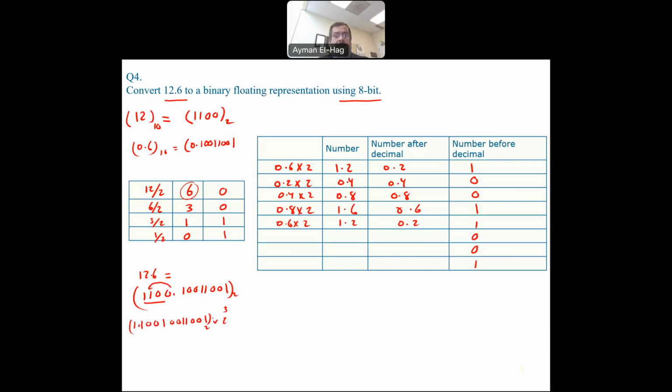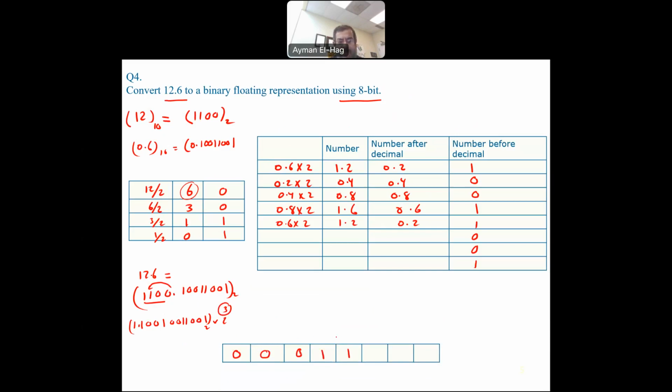Okay, now I want to put it as an 8-bit floating representation. The first one is the sign of the number. The sign is positive, so this is 0. The second one is the sign of the exponent, which is also positive, so this is 0. Then the exponent is 3, so these 3 places are for that, so it becomes 0, 1, 1.